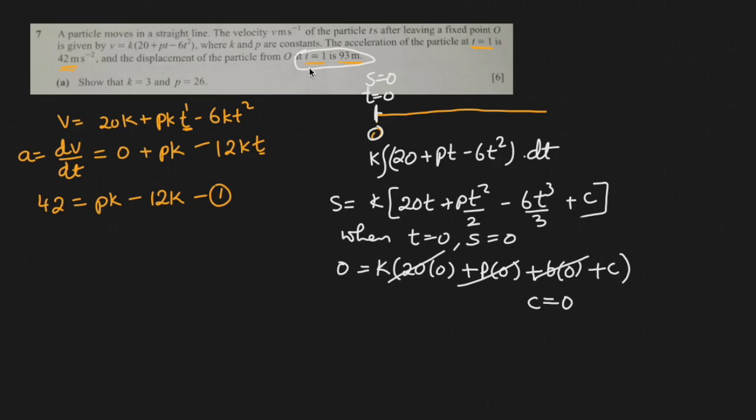Now I'll substitute t equal to 1 when s is 93 meters.